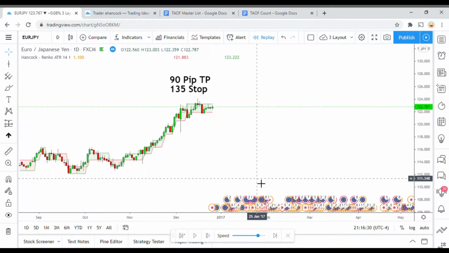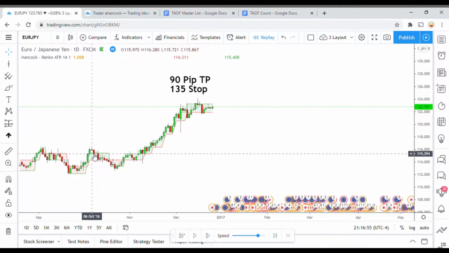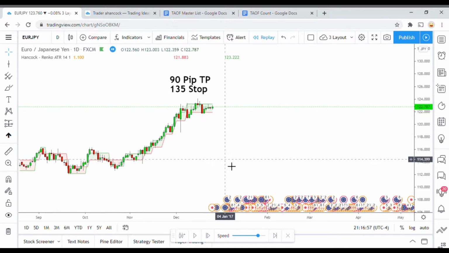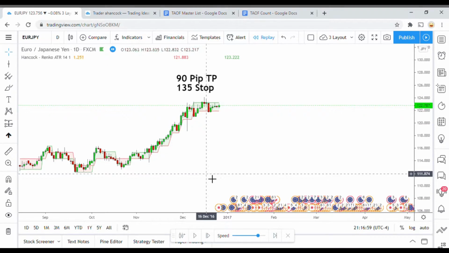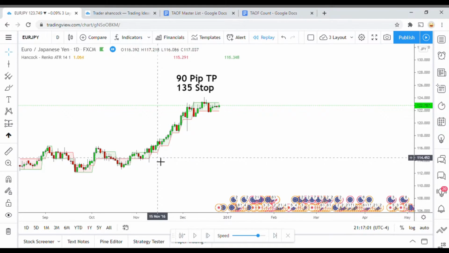And so if you do not know what Renko is, you can, of course, do some research on it and read about it or watch videos on it in more detailed explanation than I'm sure I'm going to give here. But basically, you can think of Renko as a different way of viewing the price as it is plotted on the chart.